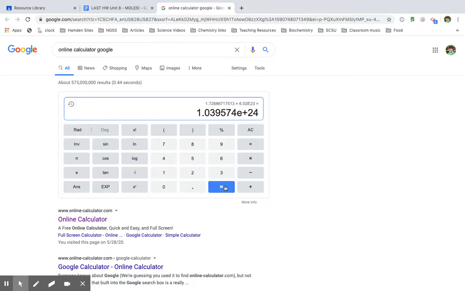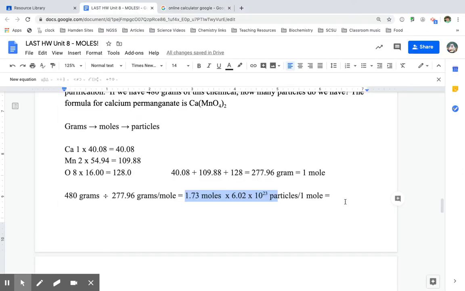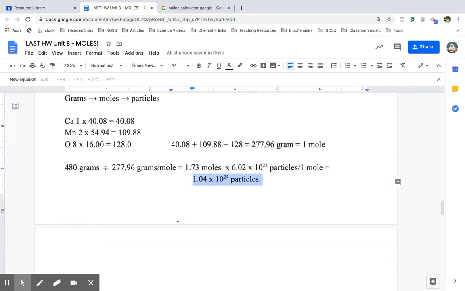And we get 1.04 times 10 to the 24th particles. Yay! Now we're done. Hooray! This is our final answer.